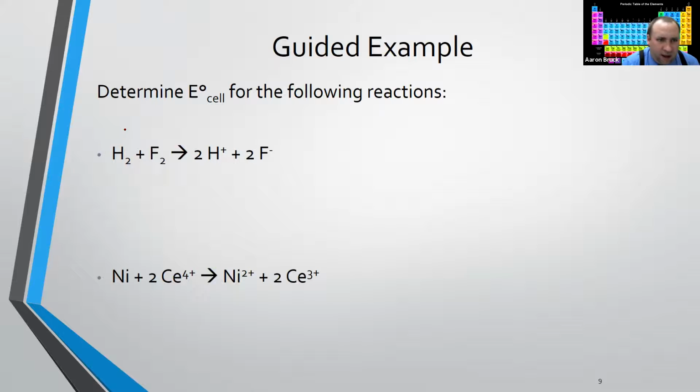Right away, if I follow my oxidation numbers here, I can see that the hydrogen went from 0 to +1 and the fluorine went from 0 to -1. So my hydrogen was oxidized and my fluorine was reduced. I need to keep that in mind so that I find the right half reactions to use.